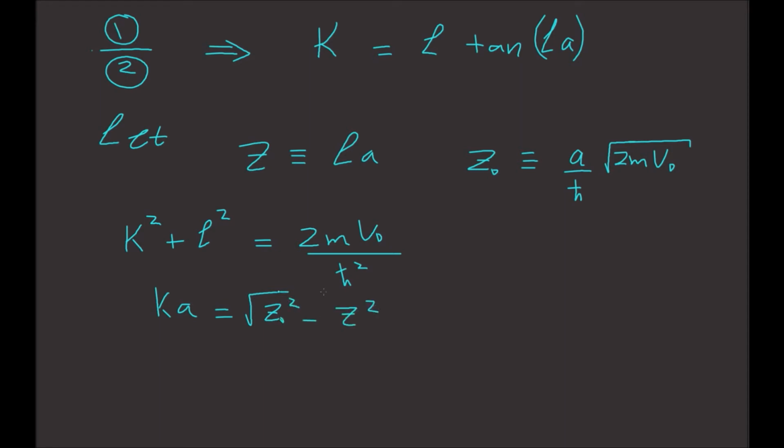There's a lot of algebra in between, but if you work this out, you will see how this works. Okay, so now our equation goes tangent of z is equal to the square root of z naught over z squared minus 1.